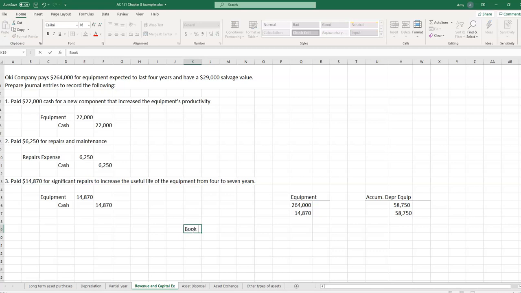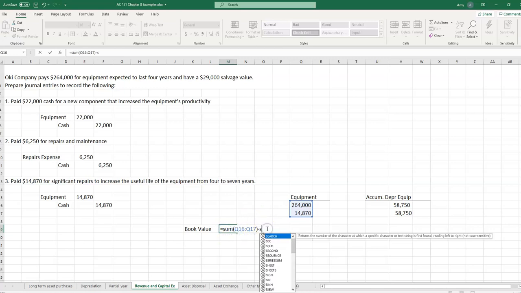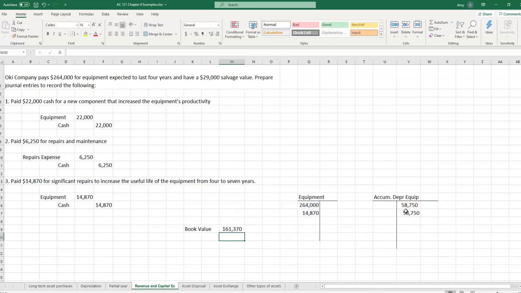So now we have a book value on this asset. We purchased it for $264,000 and we added expenditures of $14,870. And we have 2 years of depreciation. So we have a book value of $161,370.